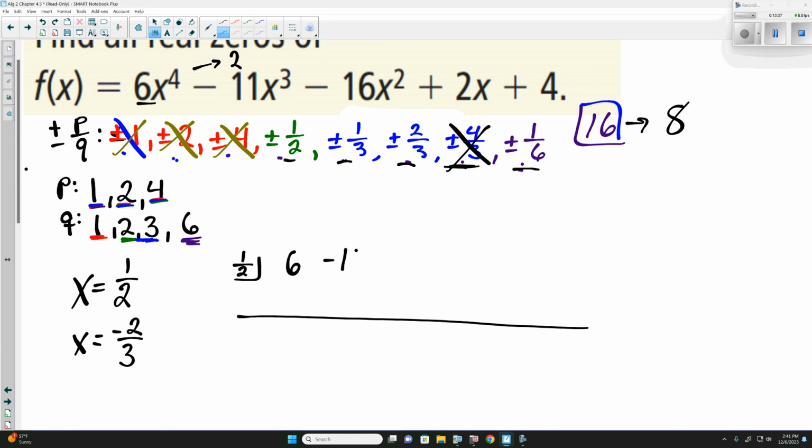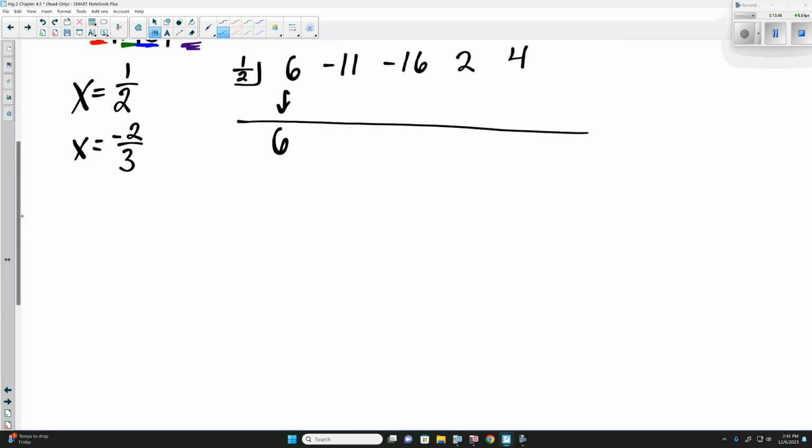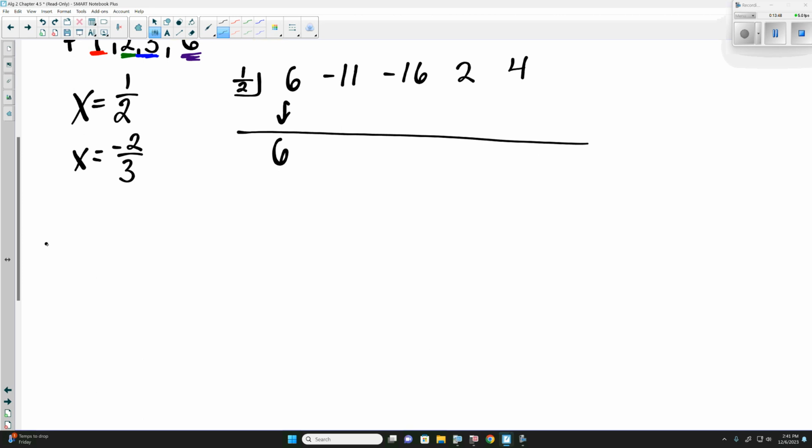6, negative 11, negative 16, 2, 4. Bring down the 6. And again, for the most part, I would do this in the calculator. Normally when I do these in the calculator, I use the answer key to do synthetic division because I'm just typing them in. So I'd say 1/2 times 6 is 3.